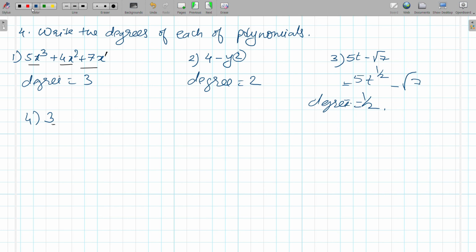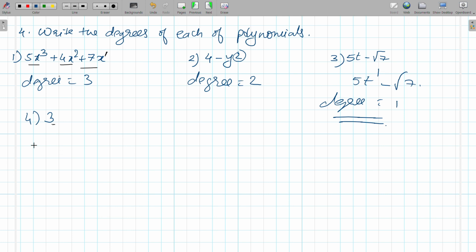Sorry, I misread that, so let me correct it. So here this is nothing but 5t to the 1 minus root 7. So degree is equal to 1.